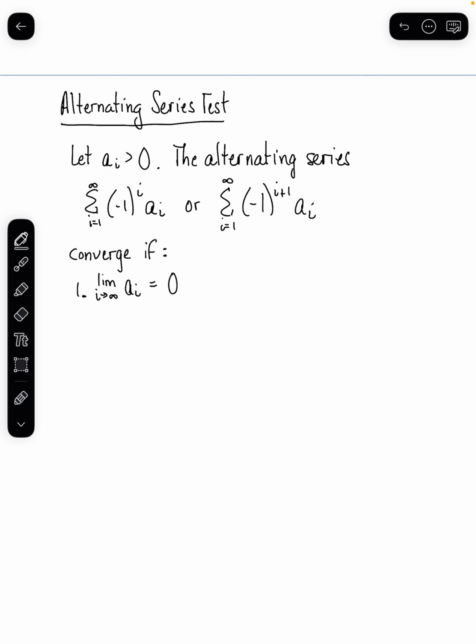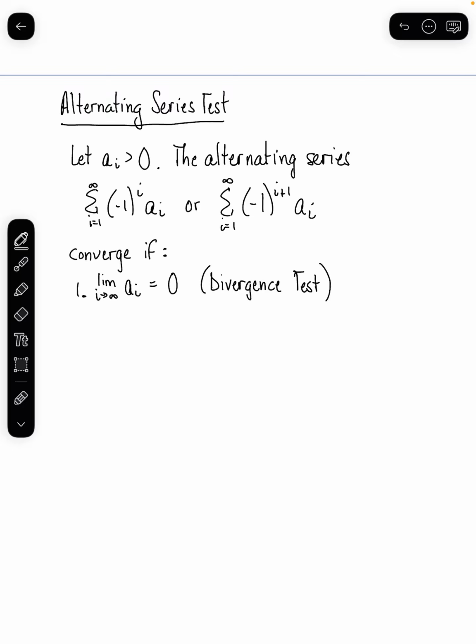We need the terms to be approaching 0 the further out in the series we go. This is the divergence test, or the equivalent of the divergence test for an alternating series.